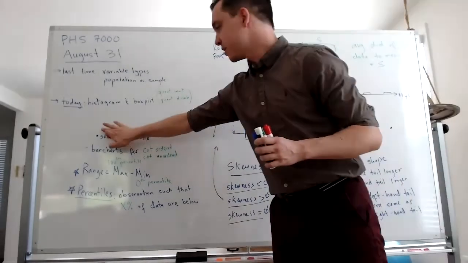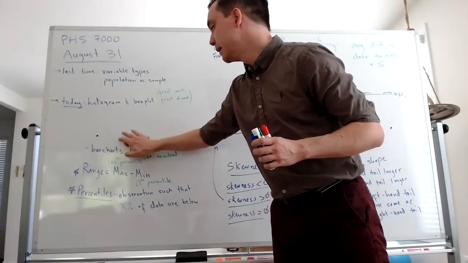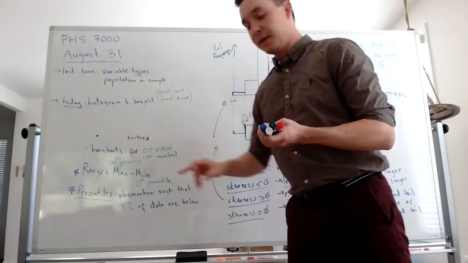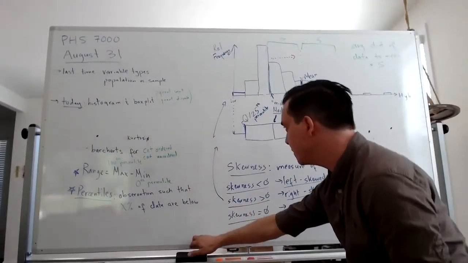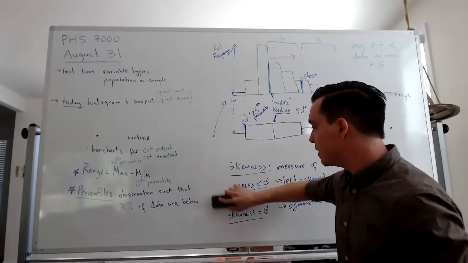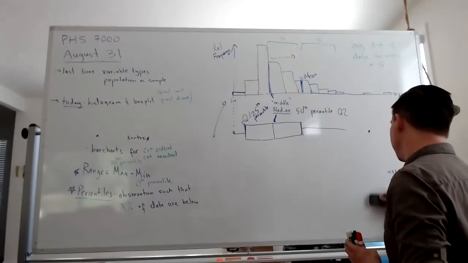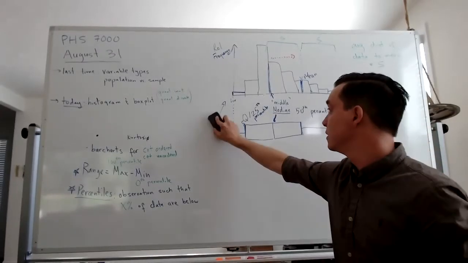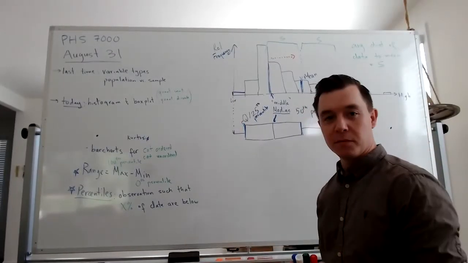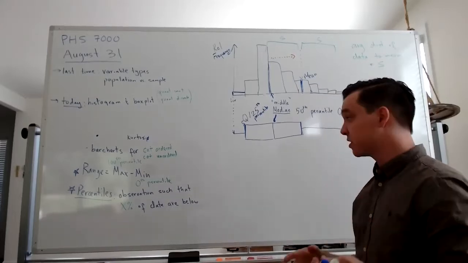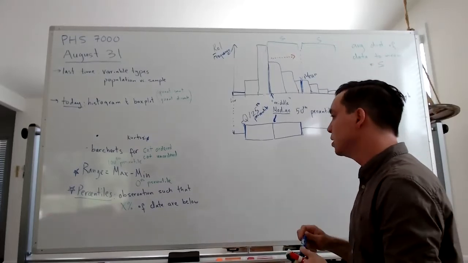Okay, kurtosis. So these become a little bit more difficult to describe. Kurtosis is also a number. You can take a quantitative variable and, similar to skewness, we can distill kurtosis down to a single number.